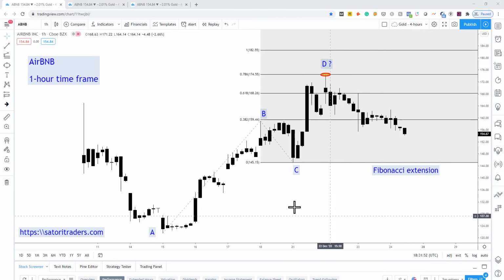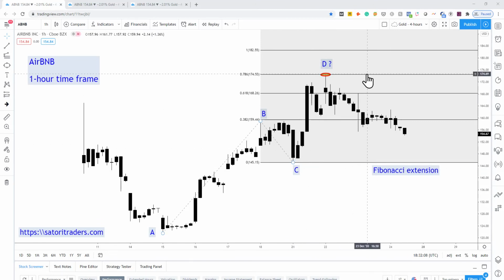In this first chart, we are looking at a Fibonacci extension tool. With Fibonacci extension, we need three price pivots to apply the tool.